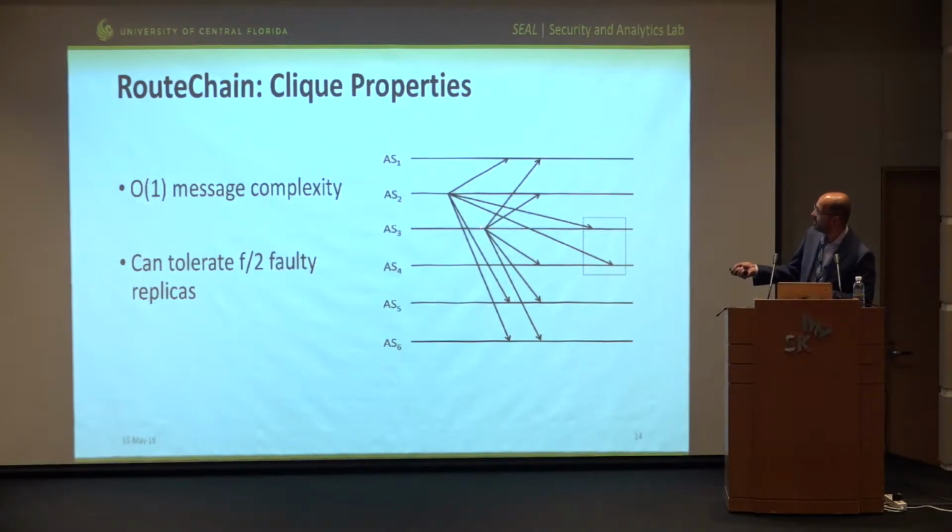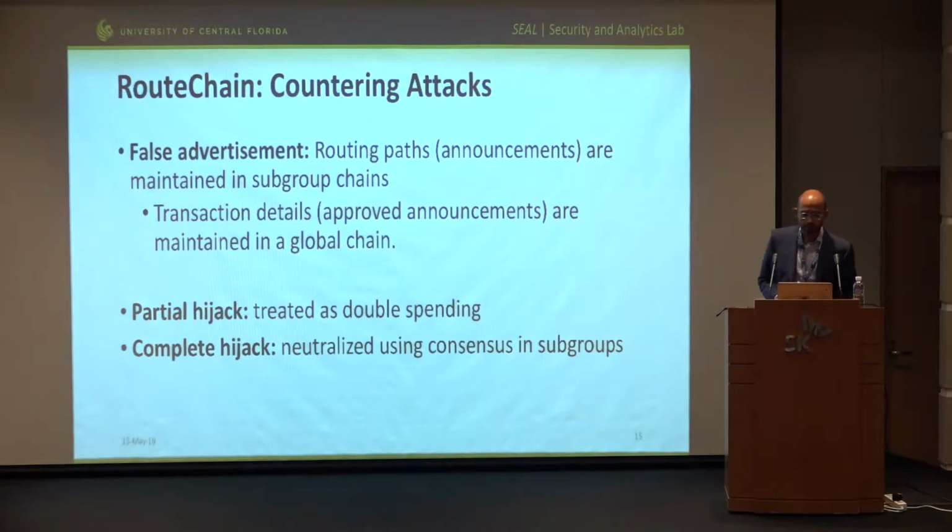What will happen is that, upon confirming the receipt of the given announcement of the block, this will be overwritten, as simple as overruling a soft fork. As for attacks that this kind of design choice counters, we can see them simply for false advertisements. Routing path announcements are maintained in a subgroup chain. It's easy to verify whether an announcement is false or not by matching the different transactions.